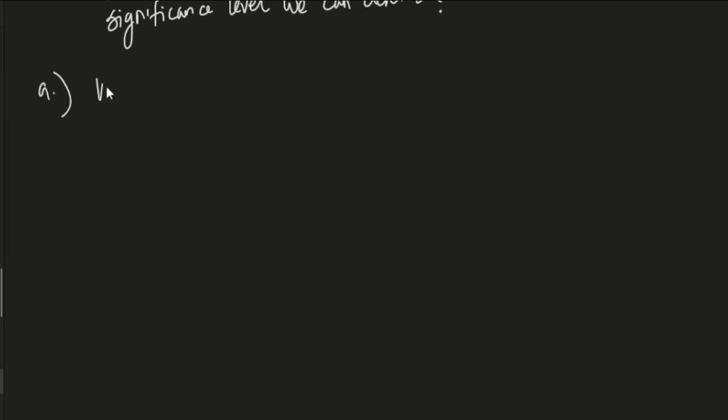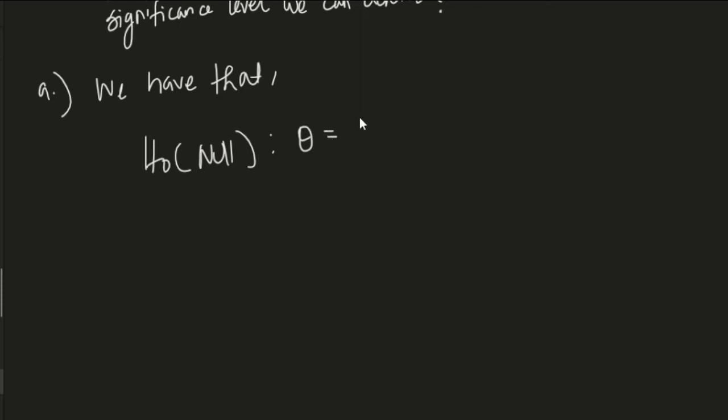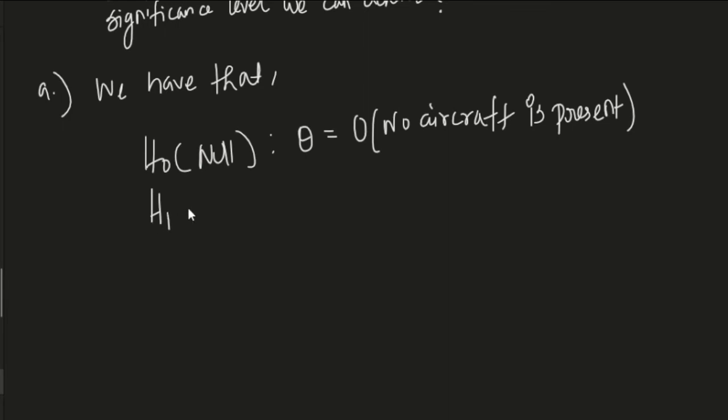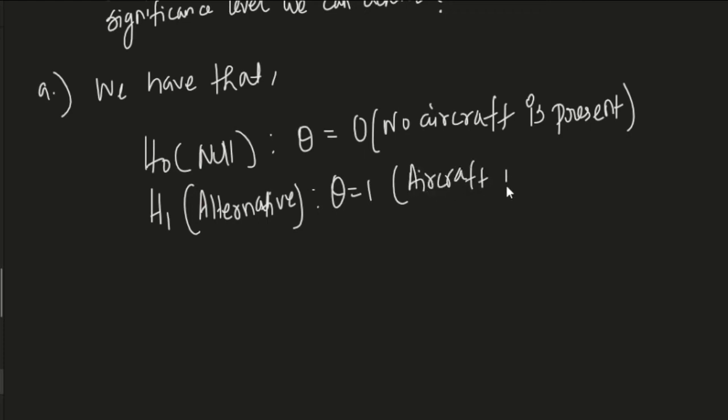Part A, we have H naught, which is the null hypothesis, and it can be written as theta equals 0, that is, no aircraft is present. Then we have H1, which is basically the alternative hypothesis, and this is theta equals 1, that is, aircraft is present.